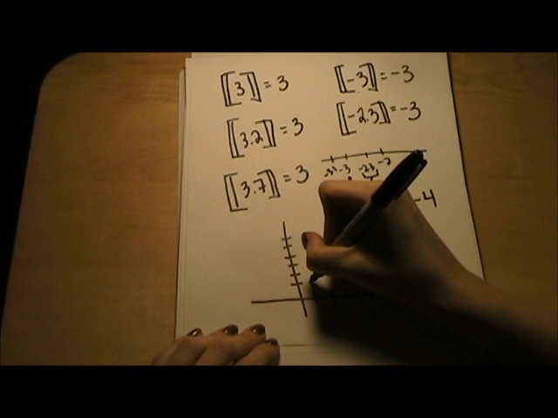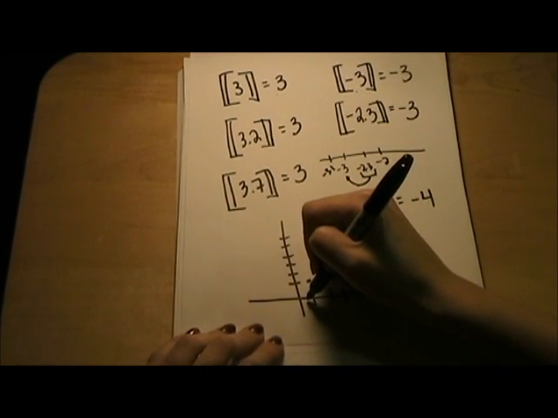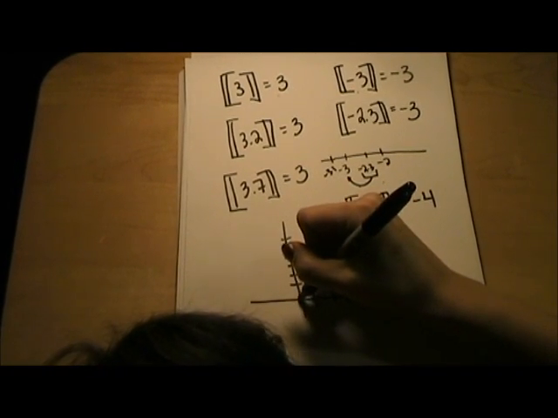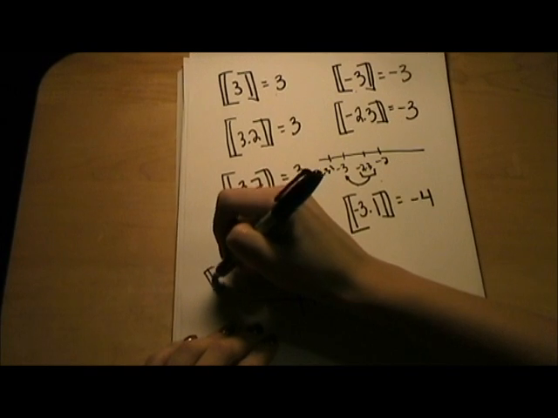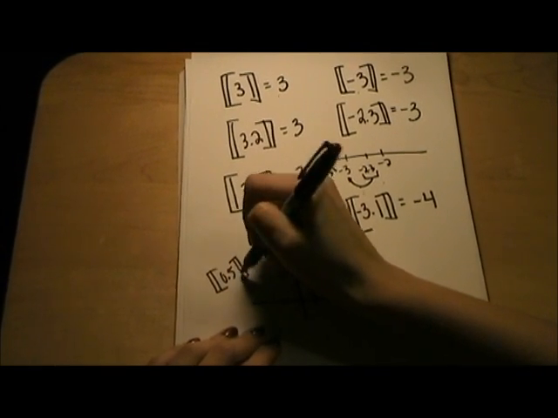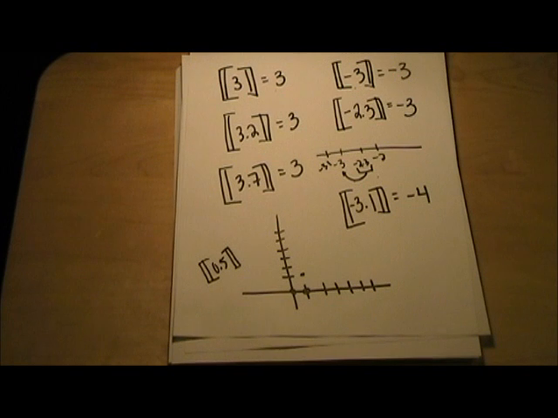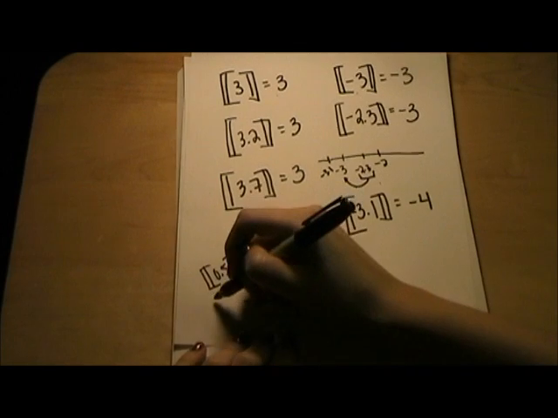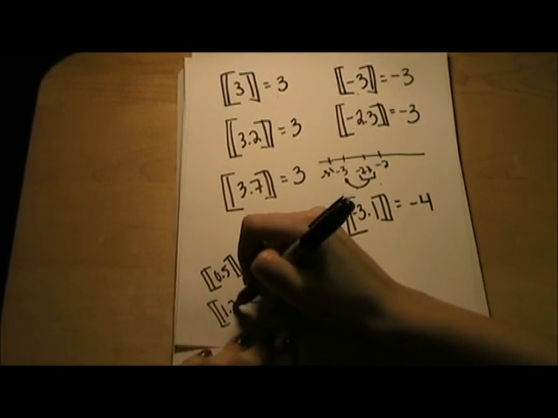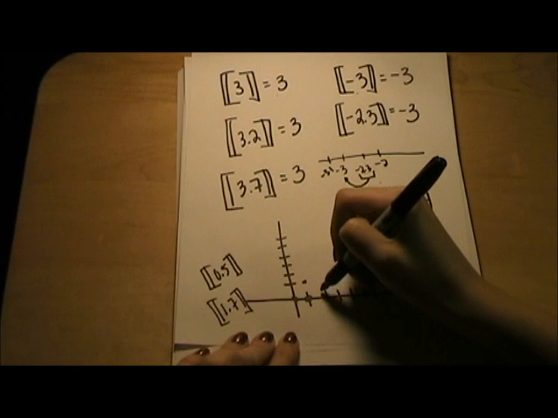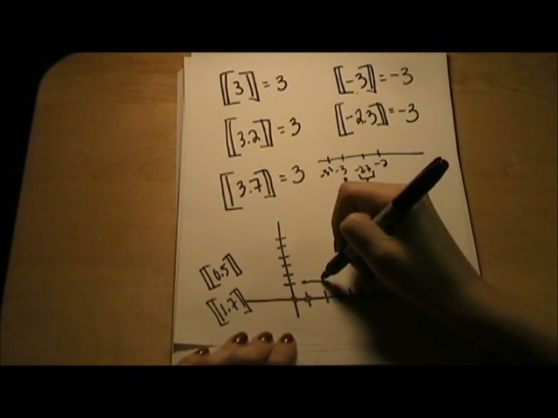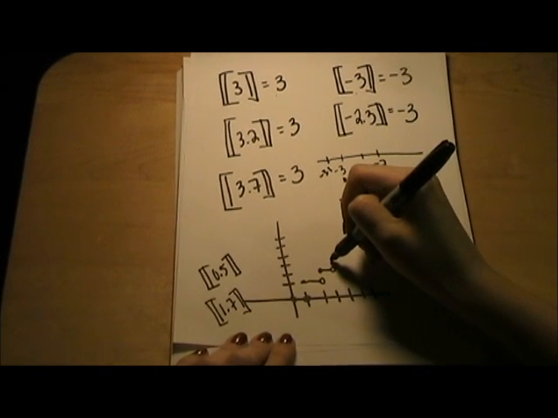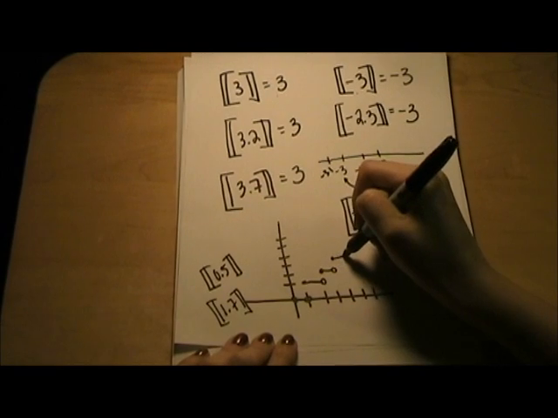So at 1, 1, this exists. And then if we look at 0.5, okay, we would actually have to jump down here because 0.5, the integer that is less than or equal to 0.5 is 0. And then 1.7, so something close to 2, would still be at 1 until we get to 2, and then 2 would jump up to 2. And so it looks like this.